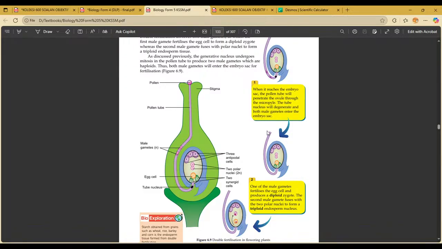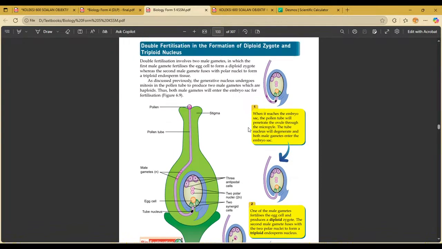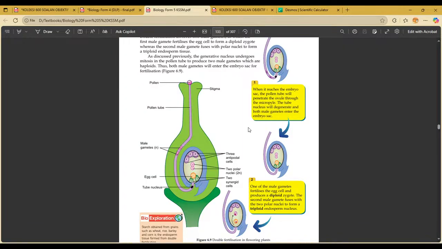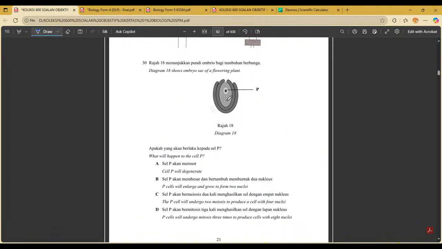The egg cell. Yeah, these are polar nuclei.